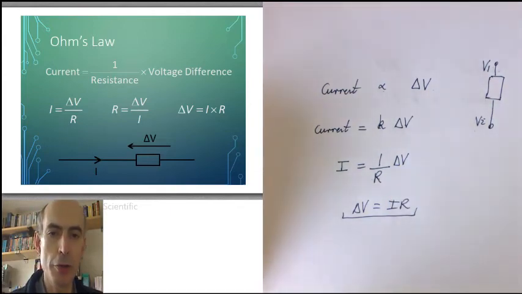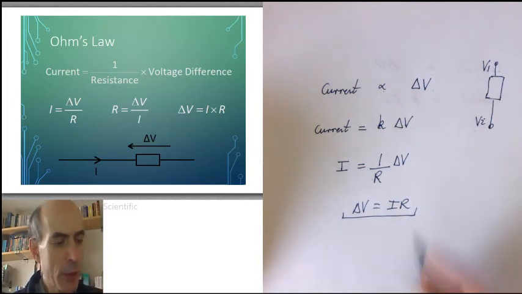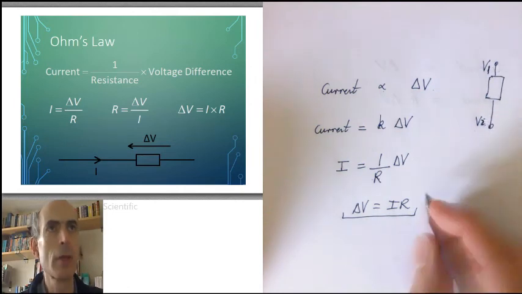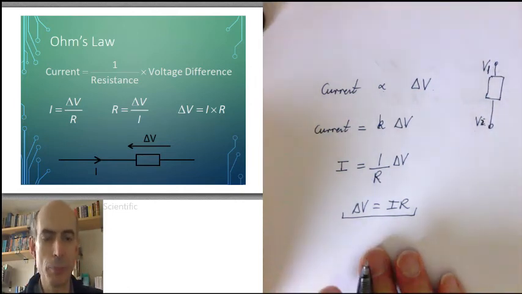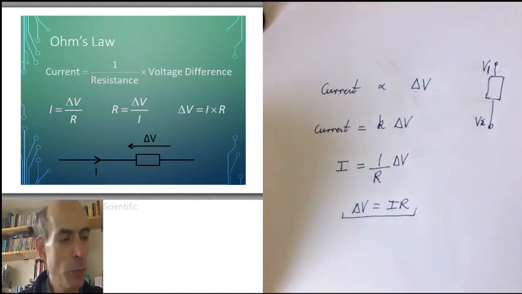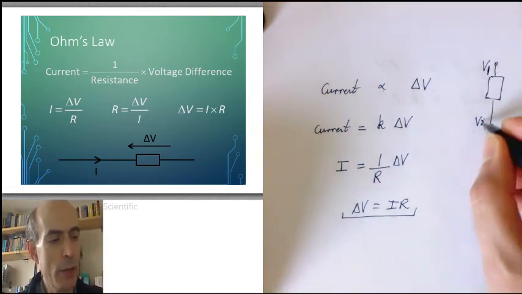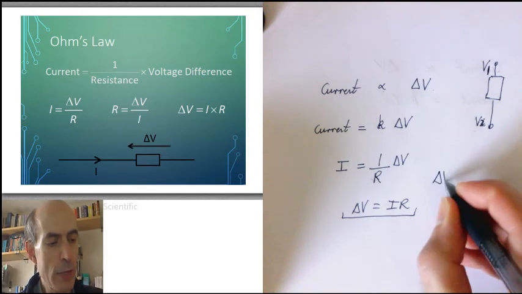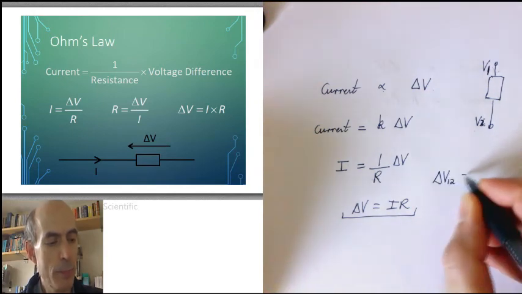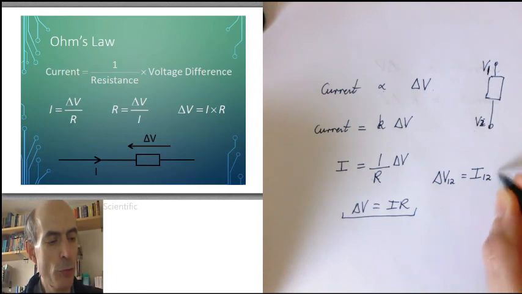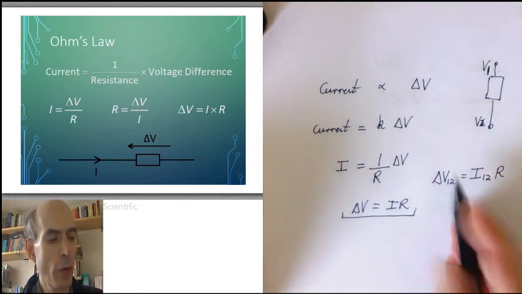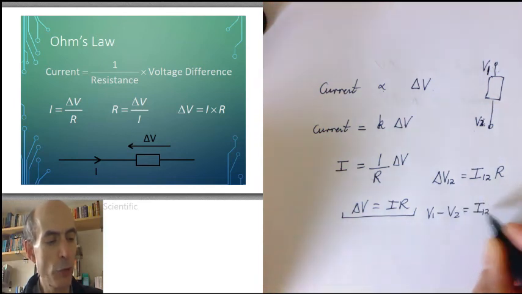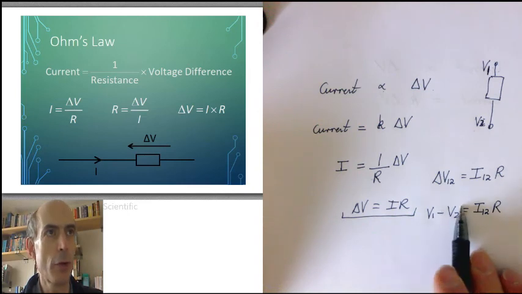One other thing that it's worth noting at this point is that the current always flows from a higher voltage to a lower voltage. The way I often advise people to write this is if you've got 2 points in your circuit, maybe 1 here and 2 there, then remember that Ohm's law is delta V 1,2 equals I 1,2 R. Delta V 1,2 is V1 minus V2 equals I 1,2 R. The 1 and the 2 are in the same order.